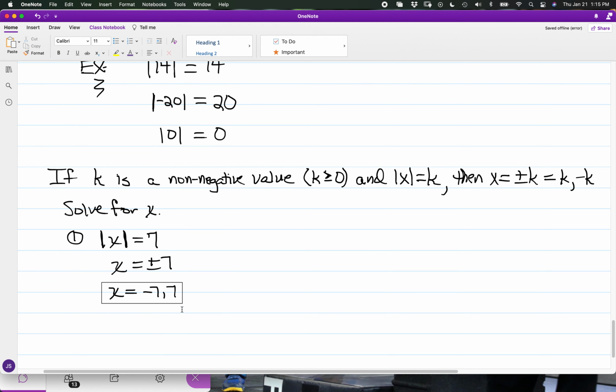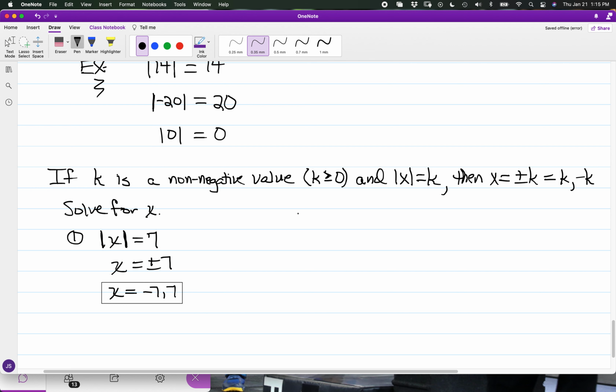Now let's say we have a bit of a multi-step equation: the absolute value of 2x minus 7, followed by the addition of 2, is equal to 19.